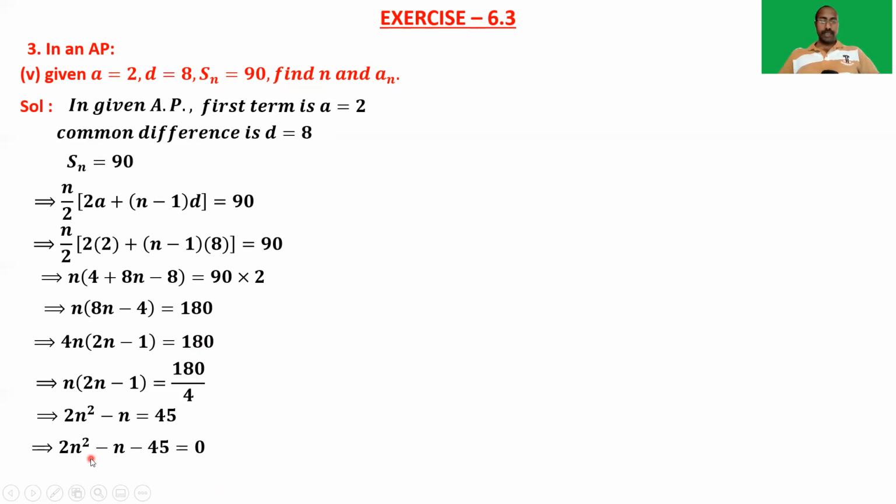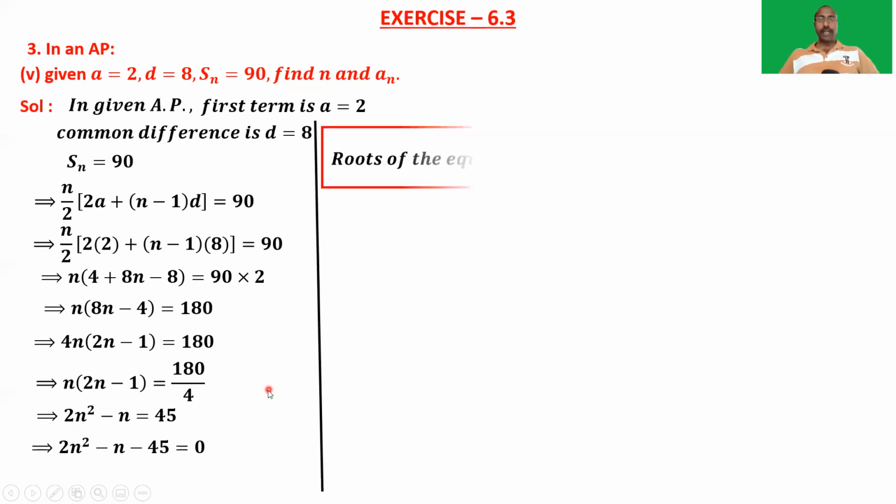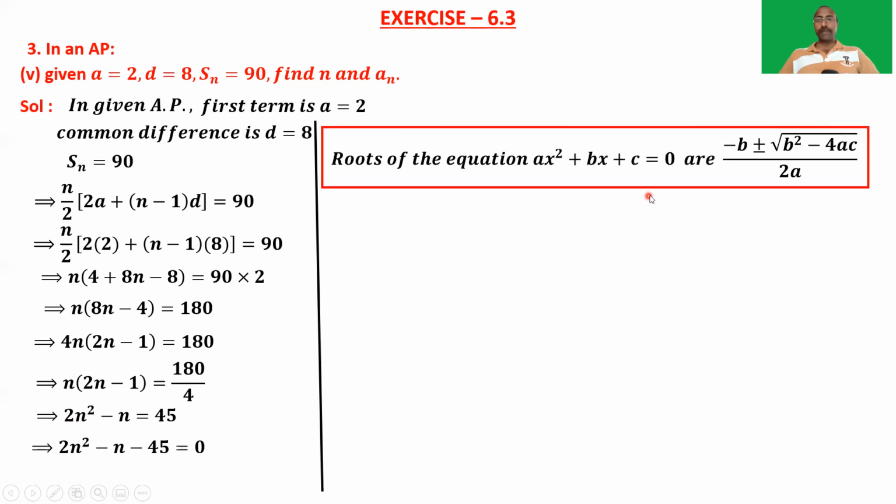We can solve this equation by three methods: by completing the square, by splitting into factors, or by using the quadratic formula. So let us use the quadratic formula to find the value of n in this equation. We know that the roots of the equation ax square plus bx plus c equal to 0 are minus b plus or minus under root b square minus 4ac, by 2a, isn't it?